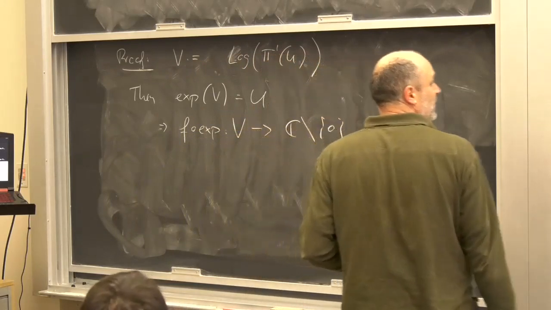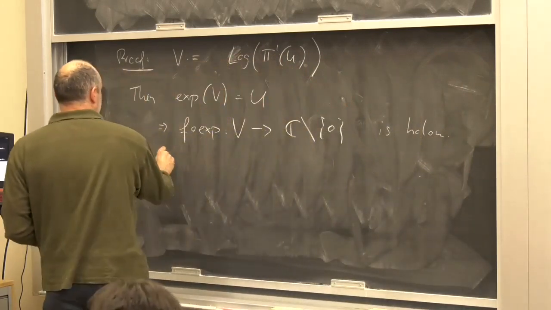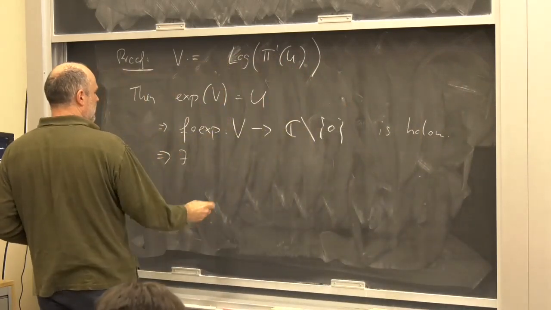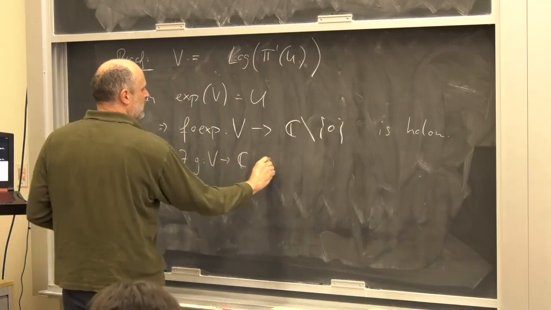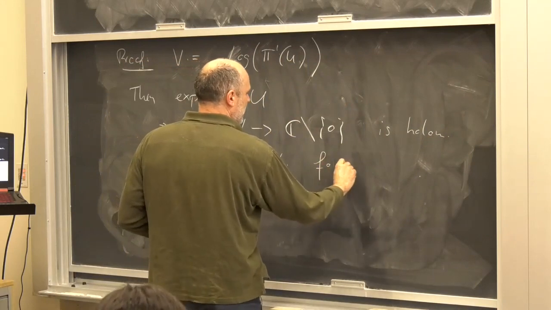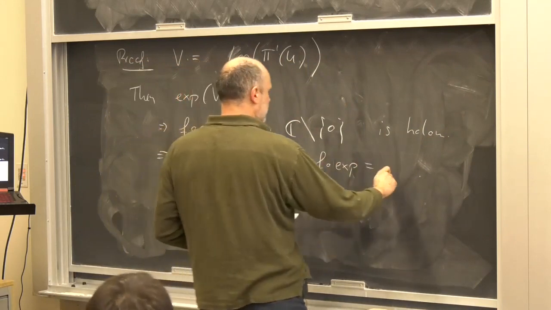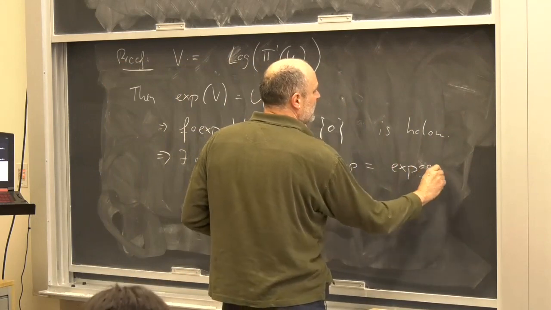And since V is simply connected, I can apply this, right? So there is a logarithm, there's a G on V such that F composed with X is equal to X with G.